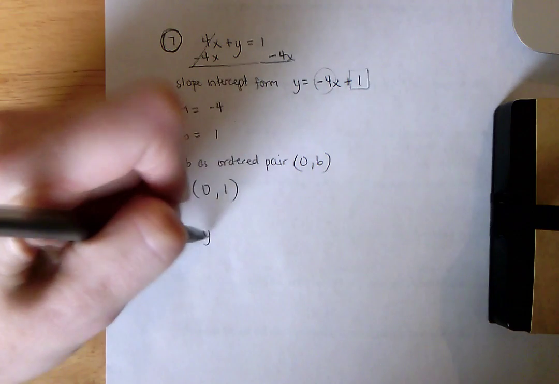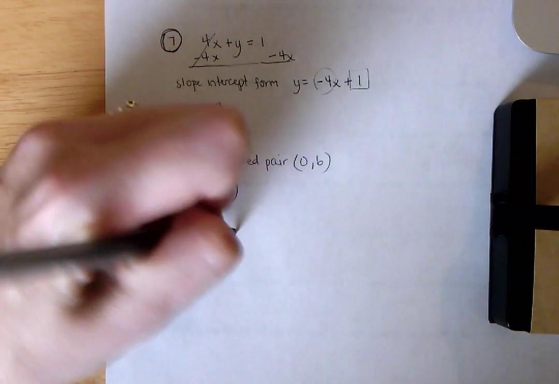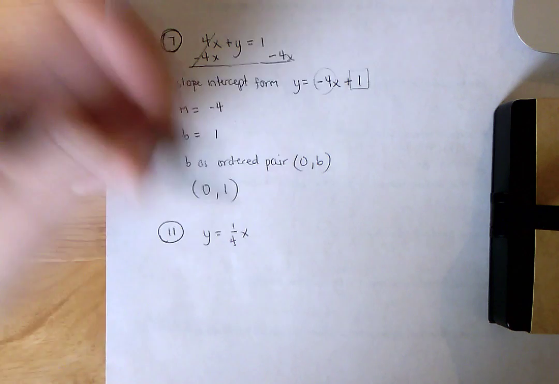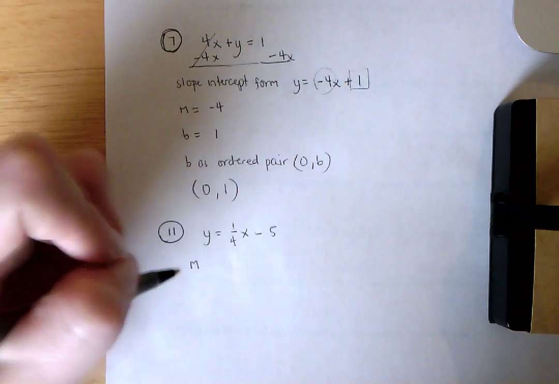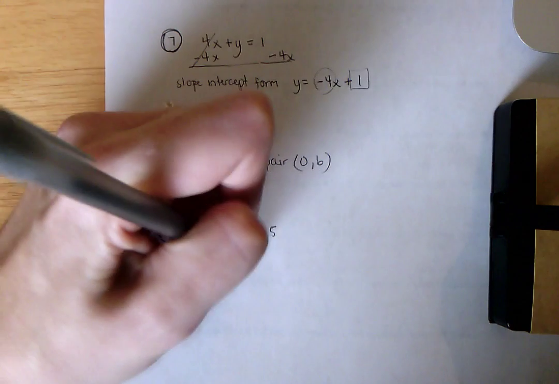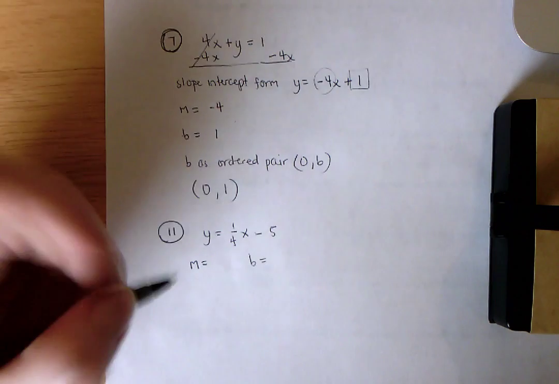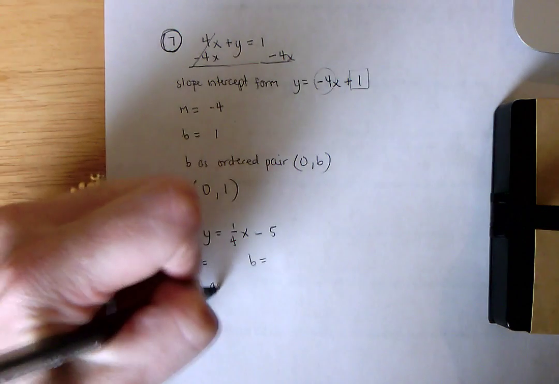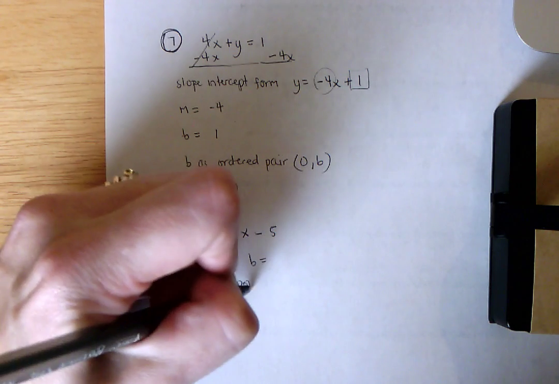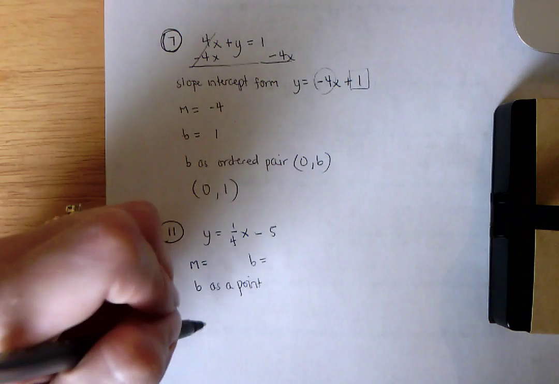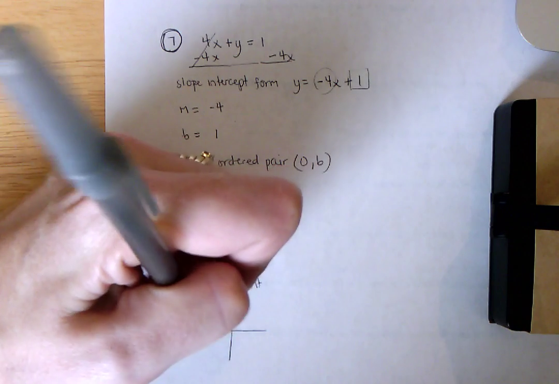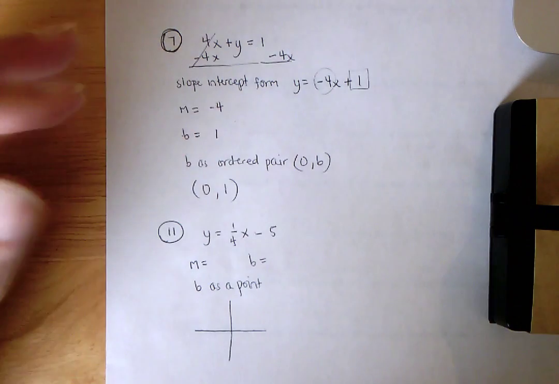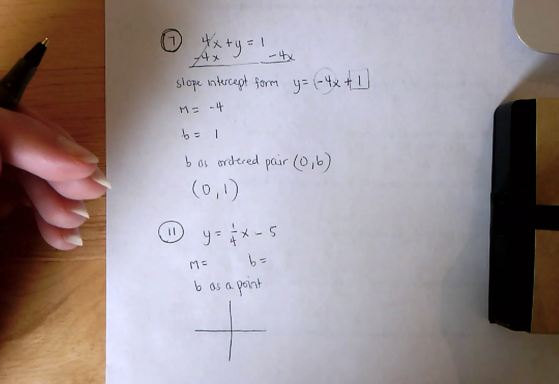So if you're doing something like this, it says to identify m and b, and then write b as an ordered pair, as a point basically, and then graph. So I'll just show you how to do one of those, and then you can do the other one.